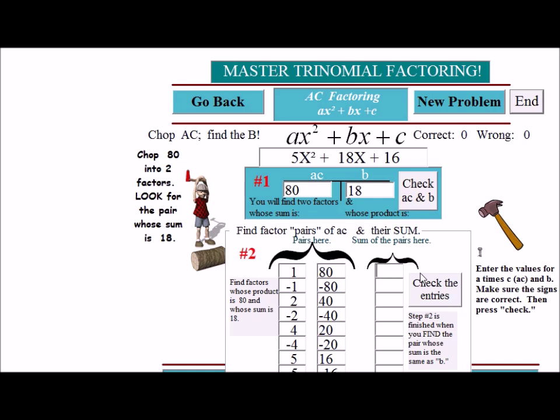Now they want us to figure out the sum. So this would be 81, and this would be negative 81, and this would be 42, negative 42, this would be 24, negative 24, 21, negative 21, and 18, negative 18. I kept wanting to multiply because I forget the purpose of this.